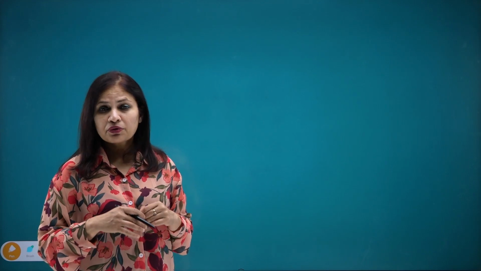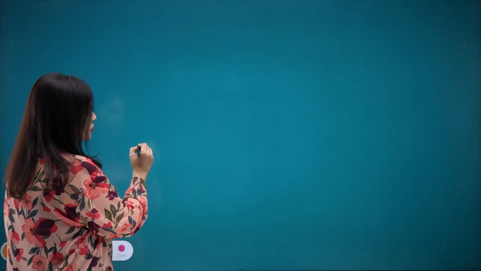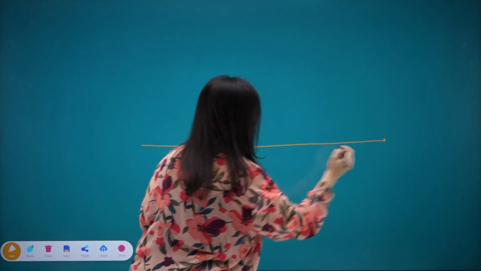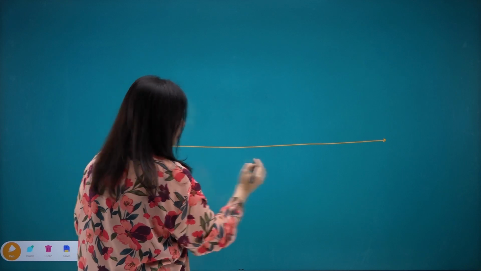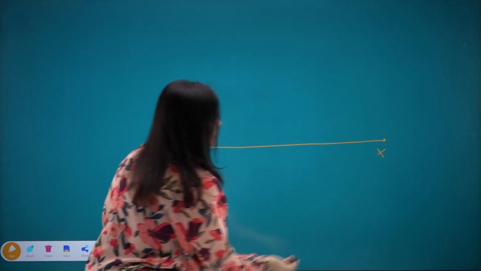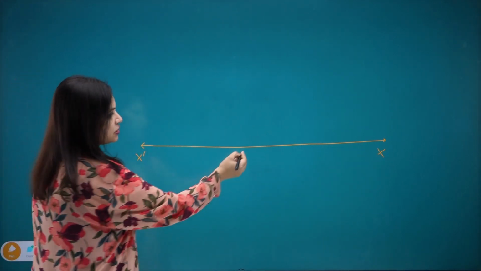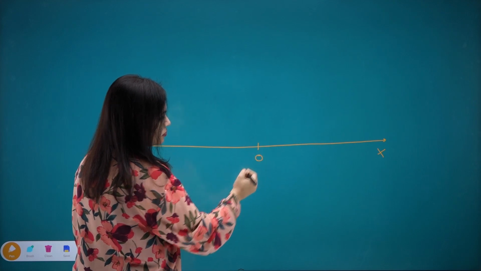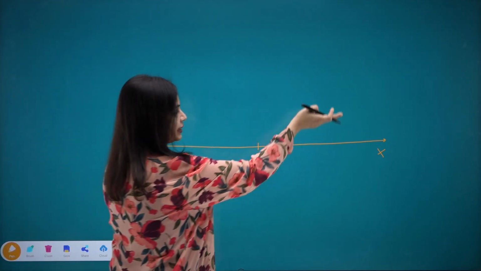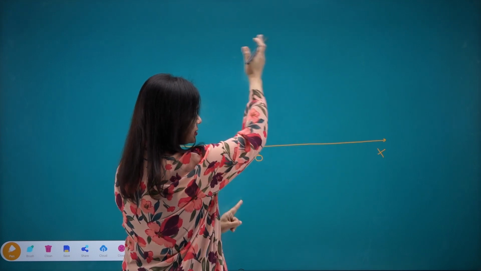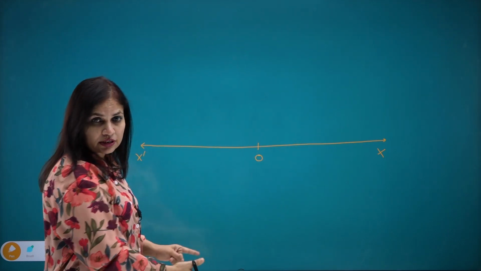Now, let us quickly recap whatever we have learned. We started with a horizontal number line and named it x dashed with 0 as the origin or the midpoint of the number line. Now, when I tilt this number line upwards, we'll get a vertical number line.